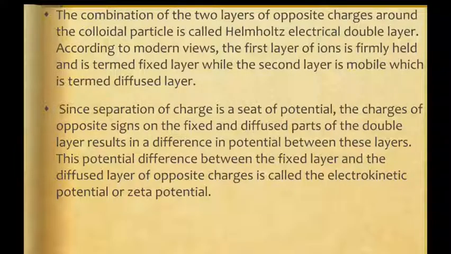For example, if silver iodide sol is obtained and it has adsorbed iodide ions from the dispersion medium, which is potassium iodide, the iodide ions will form a fixed layer, whereas the potassium ions will form the diffused or mobile layer. There will be a difference in the potential of these two layers. That difference is called electrokinetic or zeta potential. And these two layers, the fixed and the mobile layer, this electrical double layer is called Helmholtz double layer.